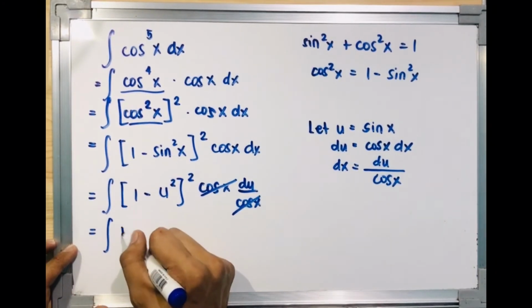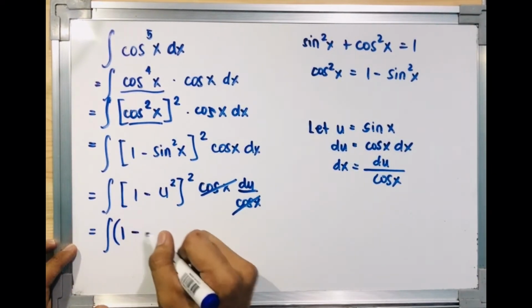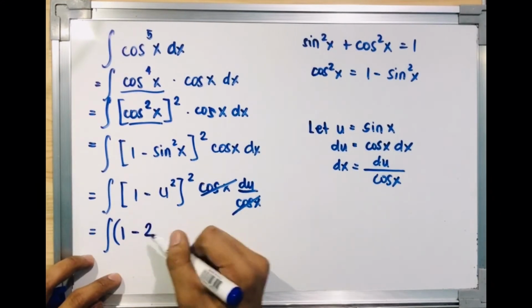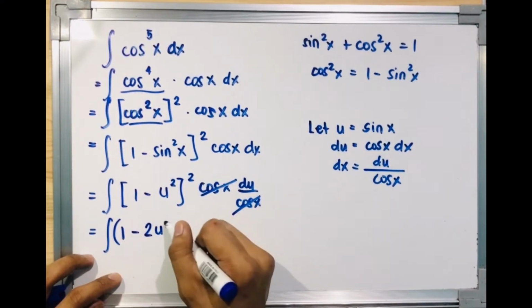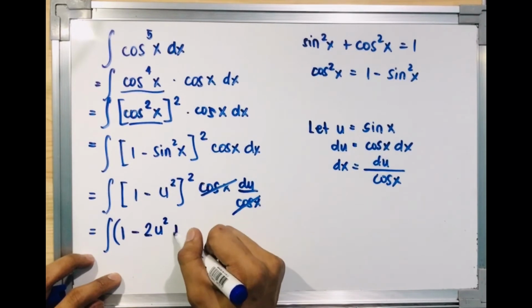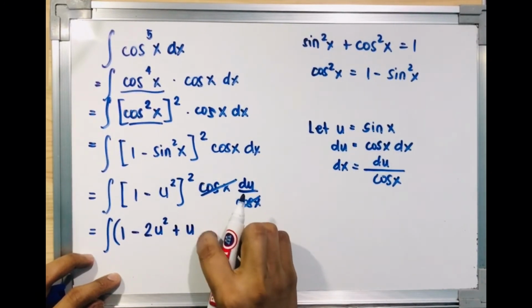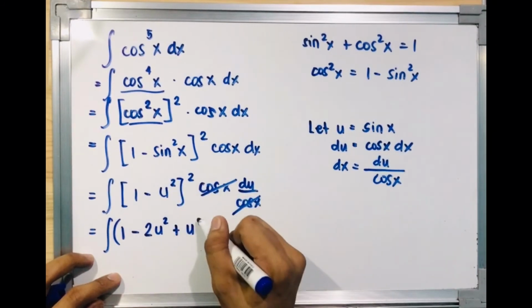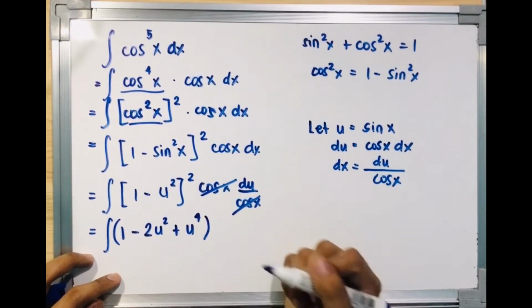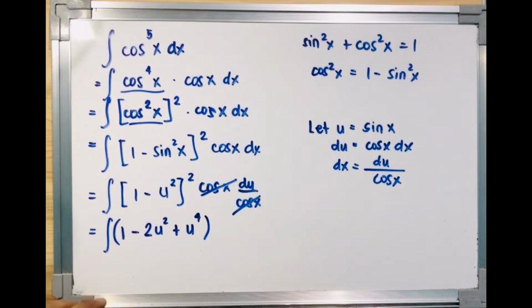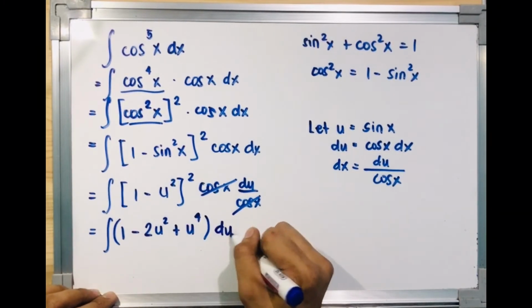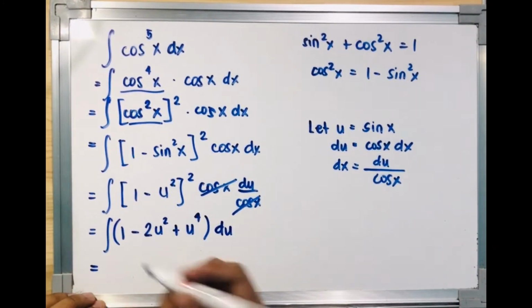So, that will be 1 minus 2u squared plus u squared or u to the 4th, kasi u squared raised to 2 is just u to the 4th. Okay, and then multiplied by du, and mag-i-integrate na tayo isa-isa.